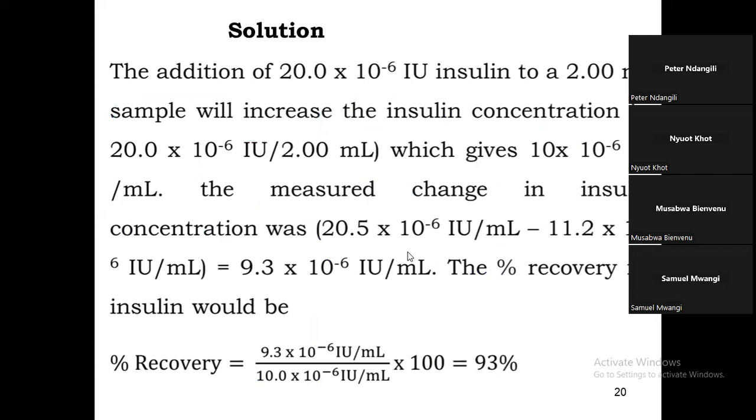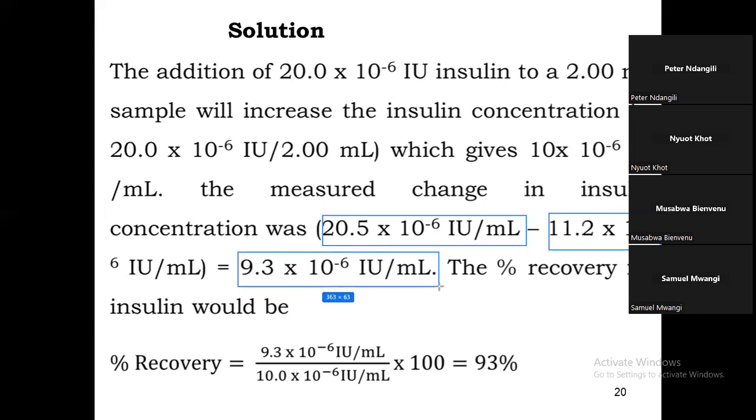So when you take 20.5 times 10 to the power negative 6 international units per milliliter, which is the signal after spiking, and you subtract the concentration before spiking, then you are able to get the concentration that we are able to detect after spiking, and this is the concentration that we are getting.